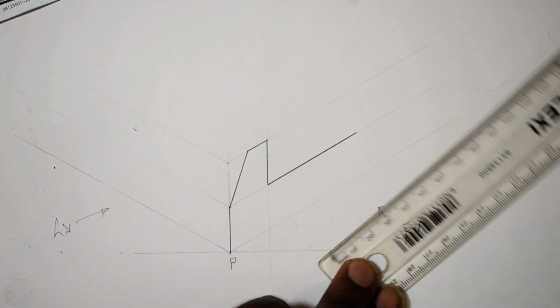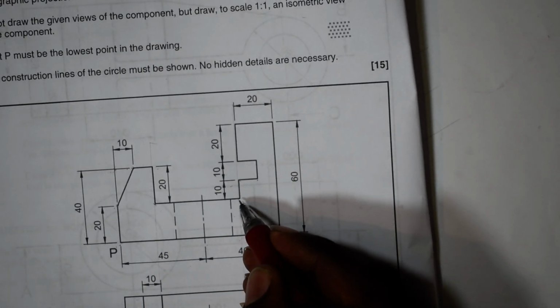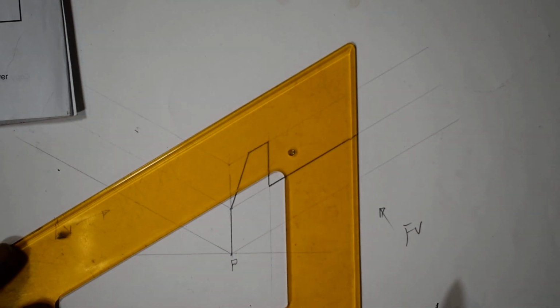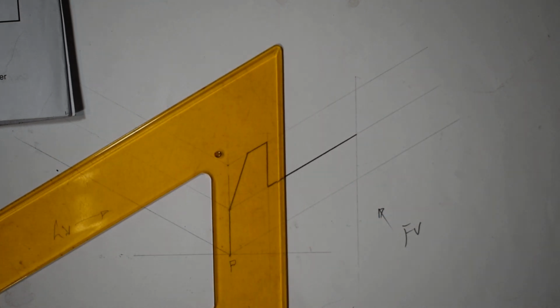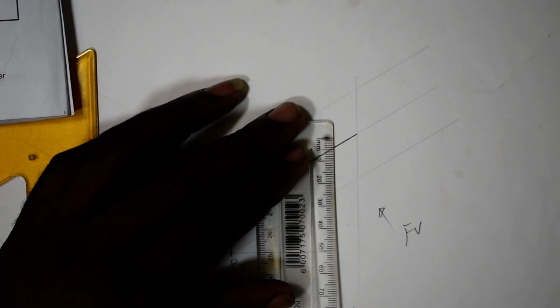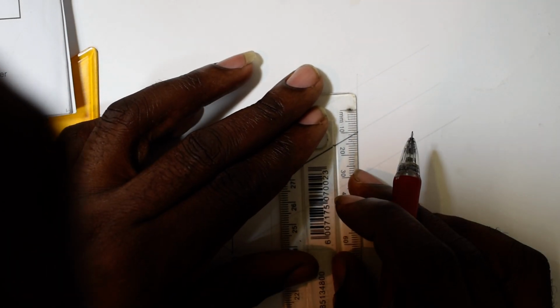I draw it solid. So once we end at 45, which means I'm now here, I'm going to go vertically up with 10 millimeter. Firstly construct a faint line. So I come back to draw a 10 millimeter.